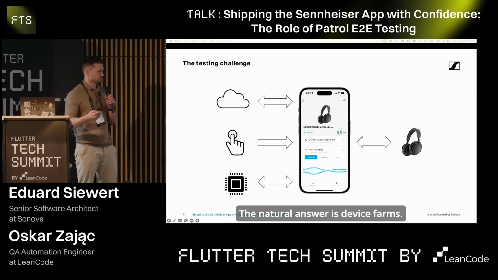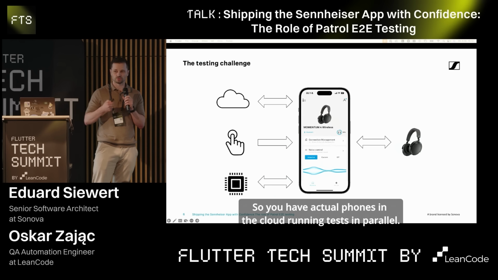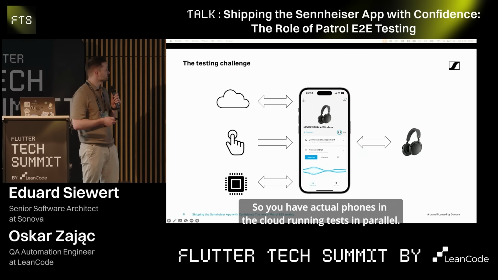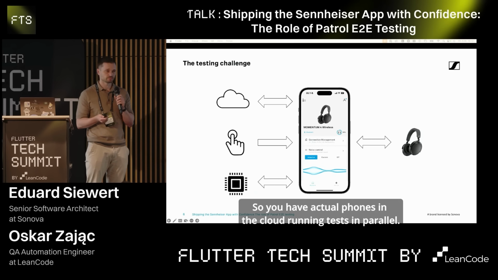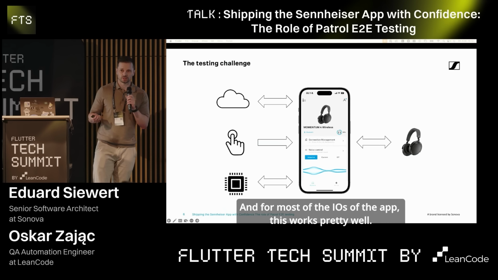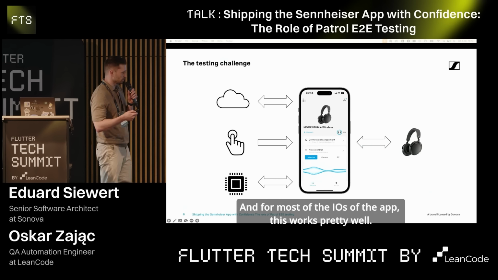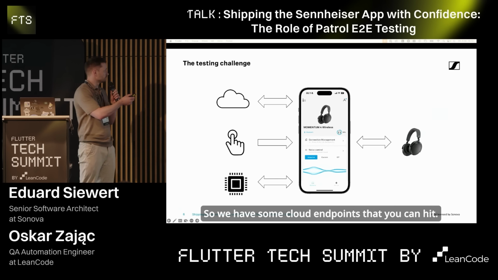The natural answer is device farms. So you have actual phones in the cloud running tests in parallel. And for most of the I/Os of the app, this works pretty well. We have some cloud endpoints, so HTTP requests that can hit the staging environment, or we can mock the endpoints.